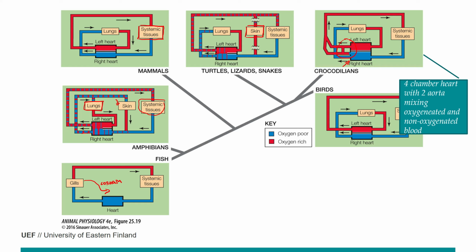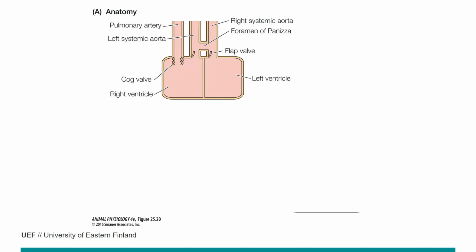And why can it do this? Okay, this is the heart of the crocodilian, and in front of the right and left ventricle, over here we have this weird looking system. So these aortas are interacting. There is a gap between the two aortas.